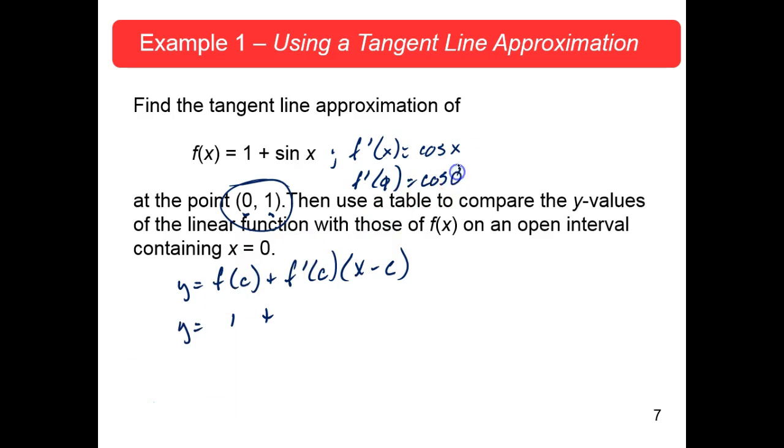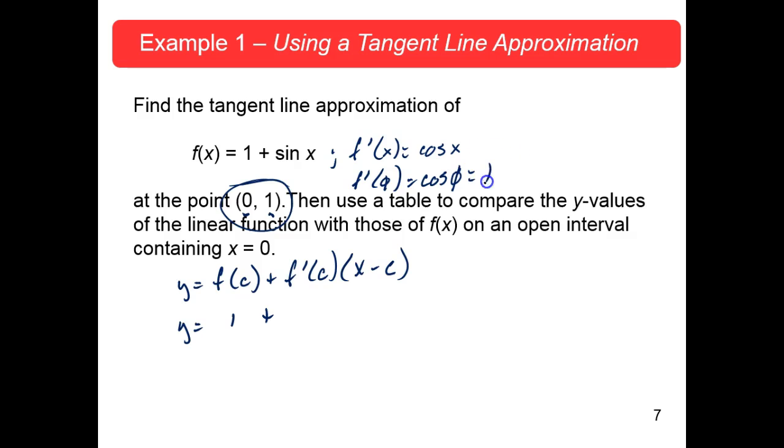Cosine of 0 is what? Anybody? Think of the graph of the cosine function. 1, exactly.